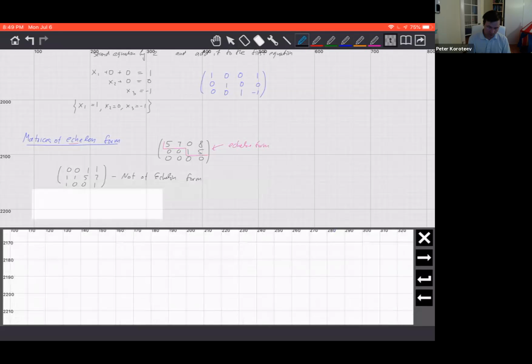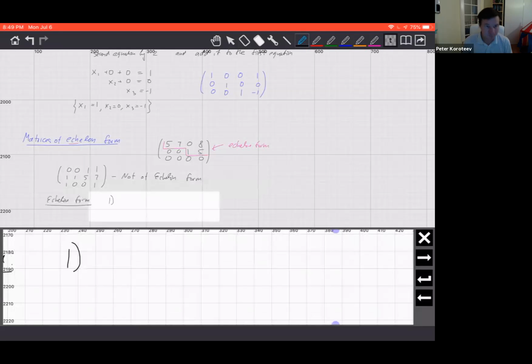So more formally, echelon form requires the following. First, all non-zero rows are above any rows of all zeros.